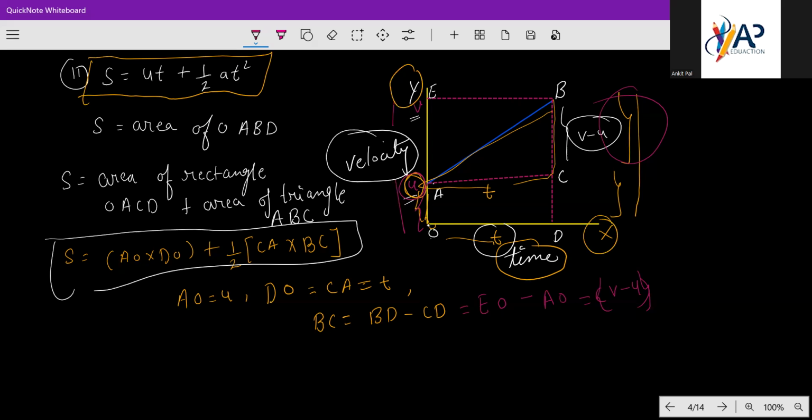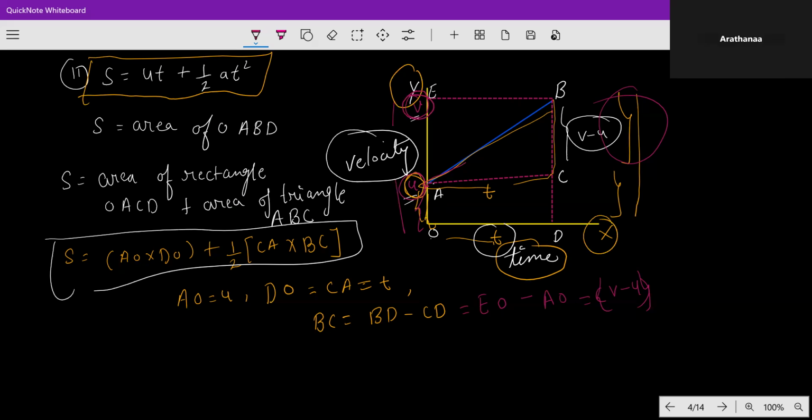Initial velocity is not zero, so the graph starts above the origin because we already have some velocity. After that we have some final velocity, right?